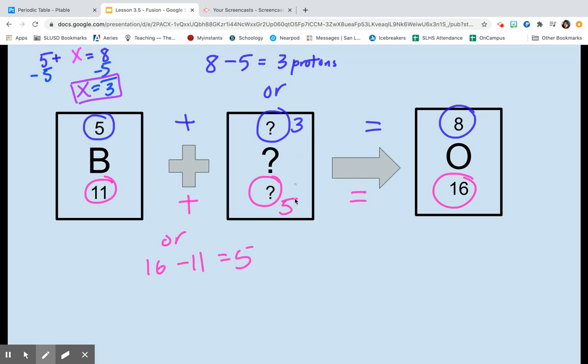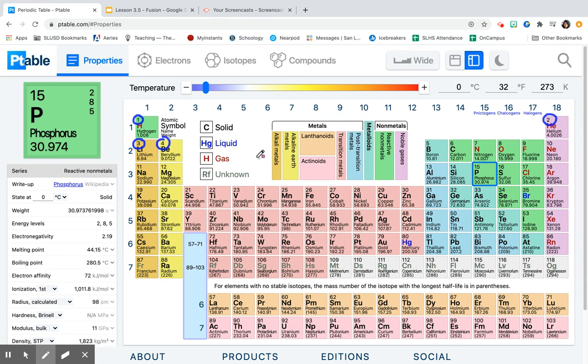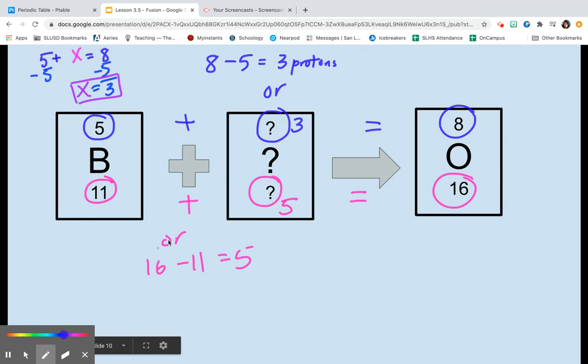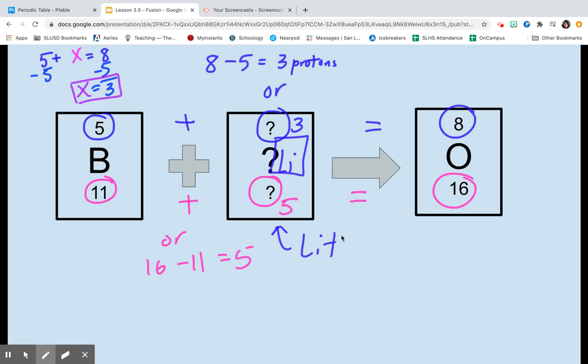So whatever this element is, it has 3 protons and its mass is 5. But mainly what I need to know is that it has 3 protons. Then I can check my periodic table. What's element number 3? Element number 3 is Li, or lithium, because the top number is 3. So here I have Li, or lithium.